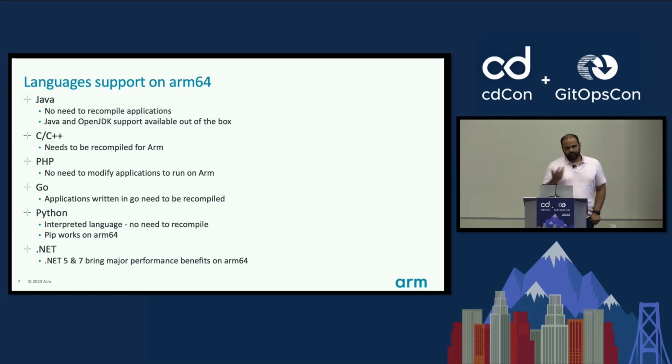Python, again, like I said in the beginning, you can run directly on an ARM-based instance without recompiling anything. And .NET. .NET 5 and 7 bring major performance improvements.